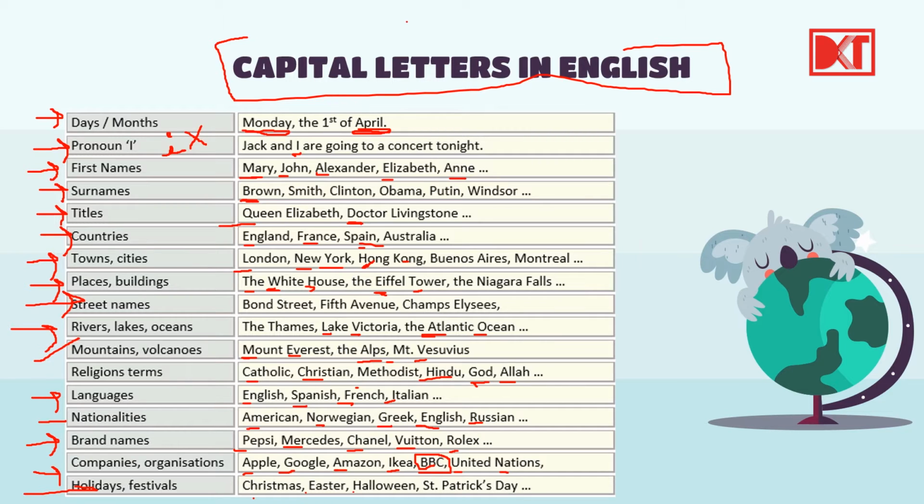So you see capital letters in English are also a very important part of punctuation. You have to remember where to make the first letter of that particular word capital. Alright, let's move on now.